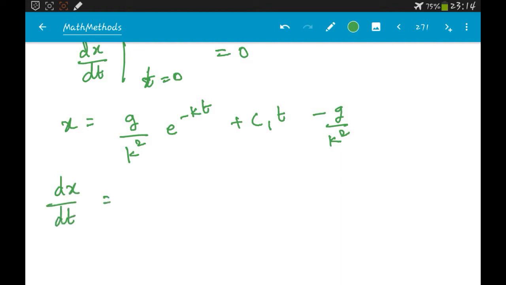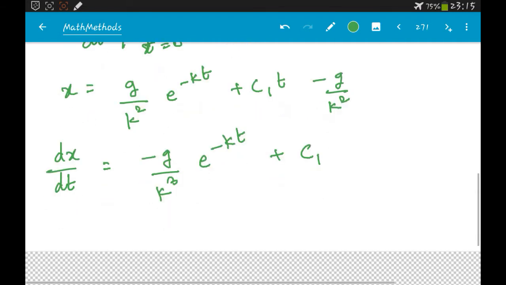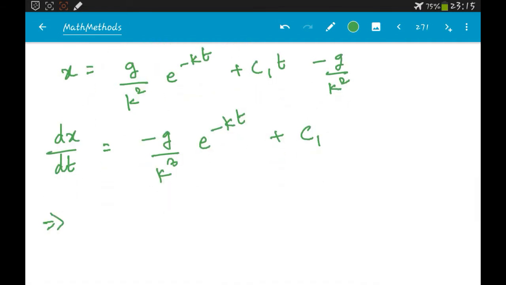We will get minus g by k cube e power minus kt plus c1, and this is equal to 0, and at t equal to 0 this exponential term will become 1. So this is minus g by k cube.